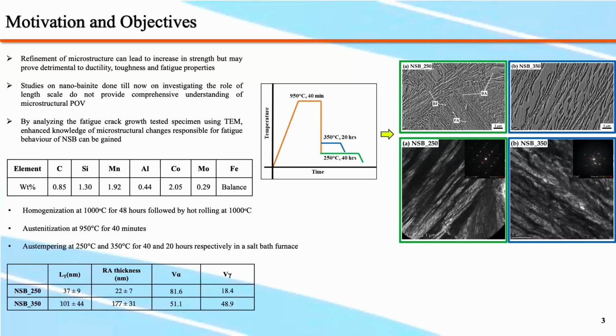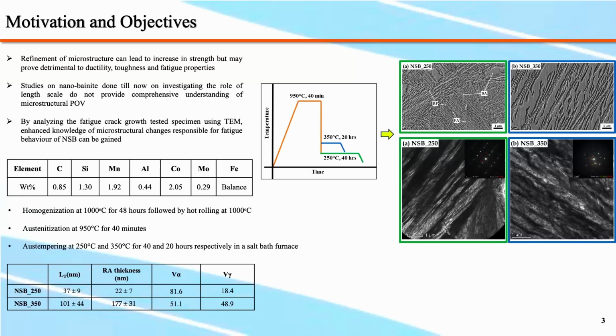In order to confirm that theory, we analyzed the data obtained through X-ray diffraction and determined the volume percentage of ferrite and austenite in both cases. We observed that the specimen austempered at a lower temperature had higher proportions of bainitic ferrite as compared to the specimen austempered at higher temperature, and vice versa for the retained austenite.